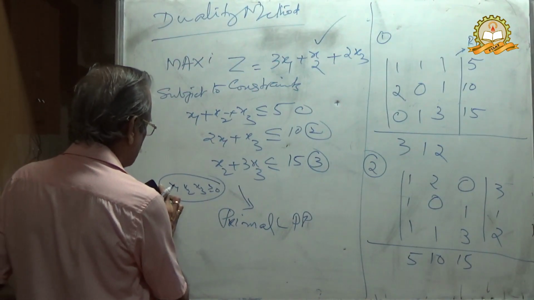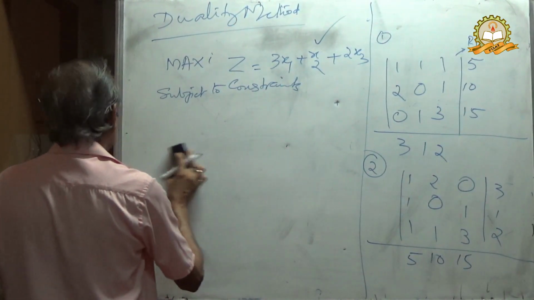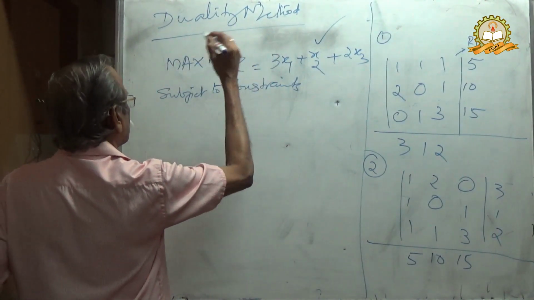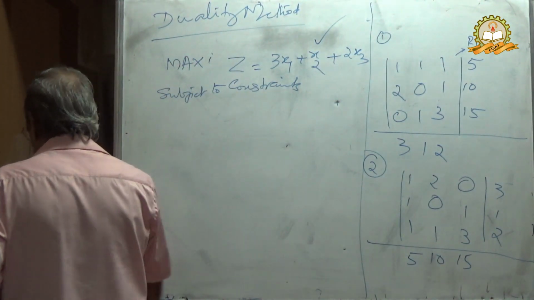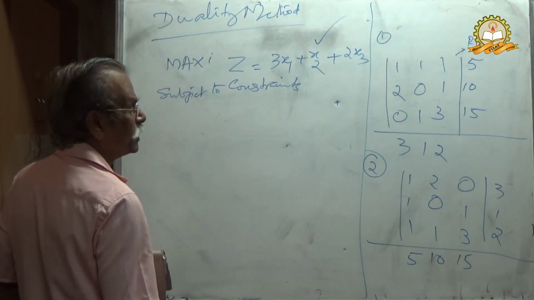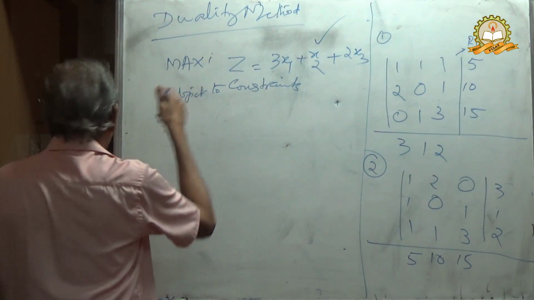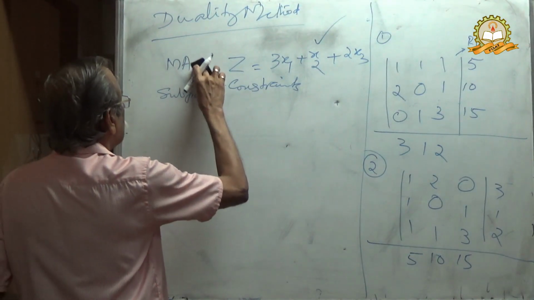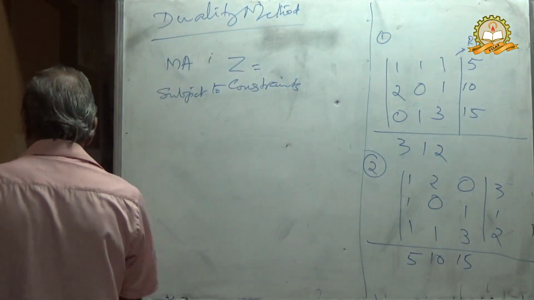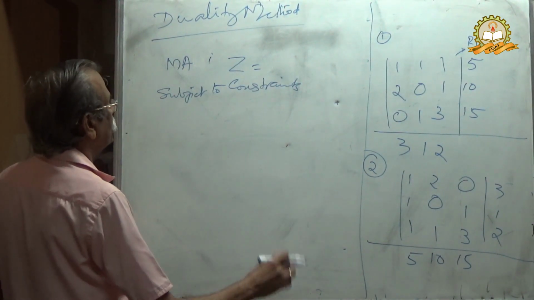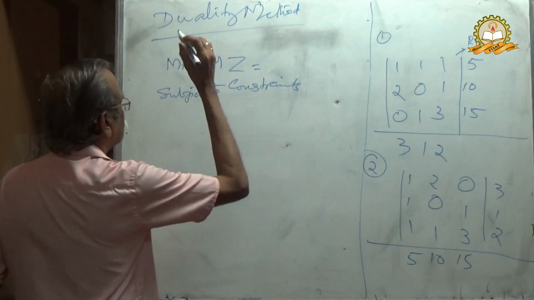Therefore, the dual problem will be as follows. The given question was maximization. Its dual, as I said earlier, changes maximum to minimization.